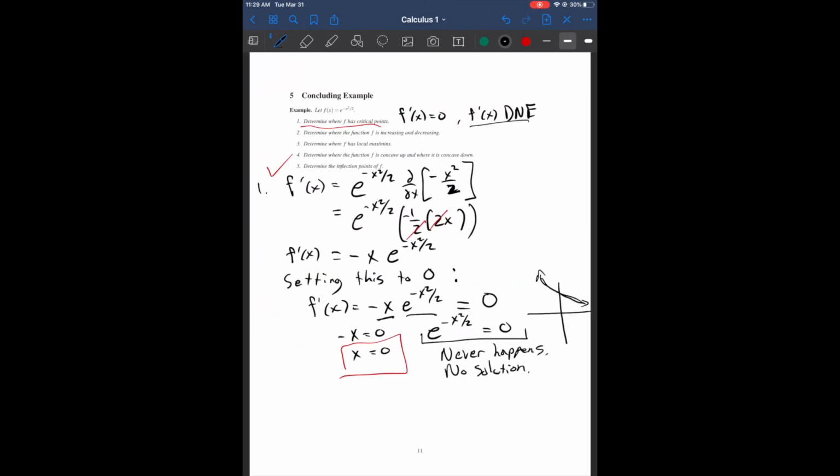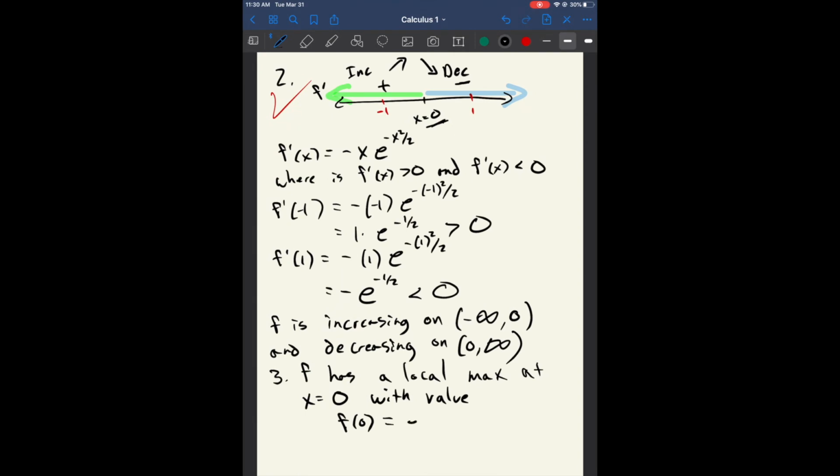So let's look back real quick at what f was. It's right here: e to the -0 squared over 2. 0 squared over 2 negative, so that's all 0. So we end up with e to the 0. This is just 1. So f has a local maximum at x equals 0 with value 1.